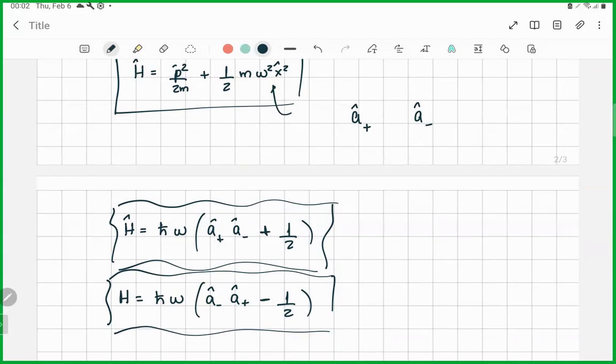Okay, let's summarize what we've seen in terms of commutators. Let me get some space here. We said that the commutator between x and p, we found it above, is i h bar omega. Correct.